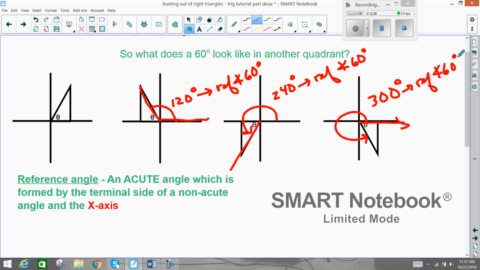Okay, so that means that a 120-degree angle and a 240-degree angle and a 300-degree angle are all like 60-degree angles. They have the same ratio as a 60-degree angle, sine, cosine, and tangent. But the sign of their ratio is going to be different depending on whether it's sine, cosine, or tangent, and whether sine, cosine, or tangent is positive or negative in the quadrant that it falls in.